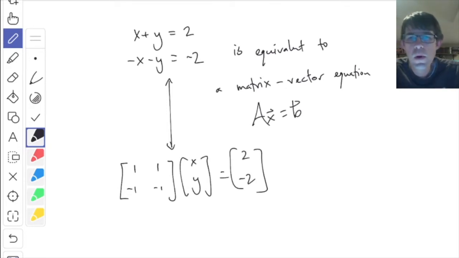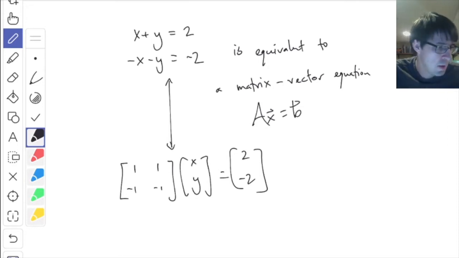And so anything you can say about solving systems is really equivalent in some way to saying something about solving equations of a matrix times a vector, where you have a constant matrix times a vector of variables equals another constant vector on the right side.